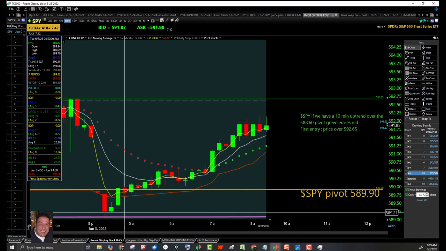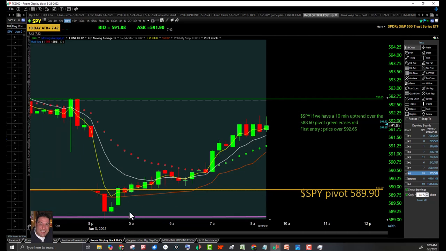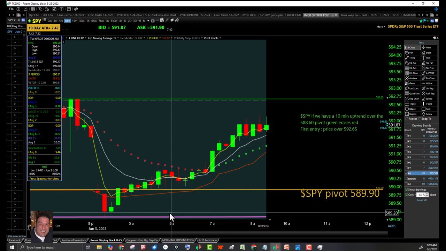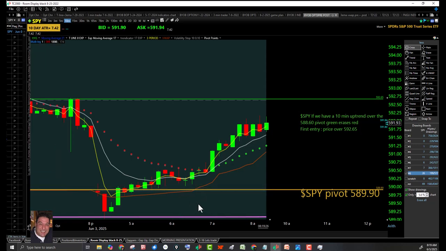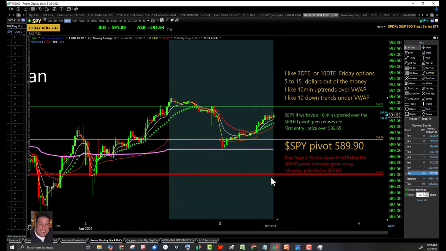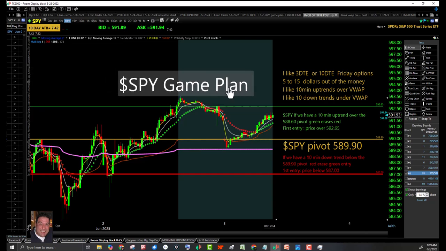I like that to the downside. Will it probably pull back and test this area? Yes. So look for that confirmation candle that price is still going down once it gets to the pivot. You don't want to take a put trade and have that thing bounce on you. All right, so there's SPY on the 10-minute chart, a little plan for this morning on how I'm going to trade SPY.